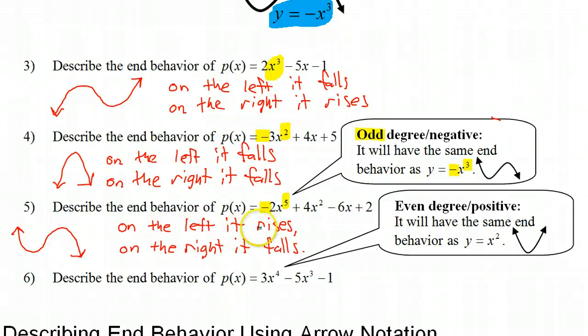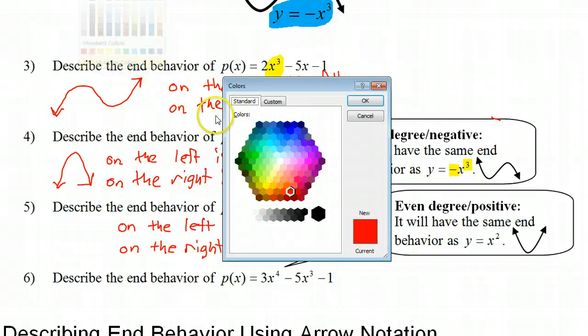Now, just to be clear, the graph won't actually look like this. It will just have n behavior like this. But as I go to higher and higher degree, there will be more turns in the graph, but it'll have the same n behavior. For example, the fifth power graph may look more like this.